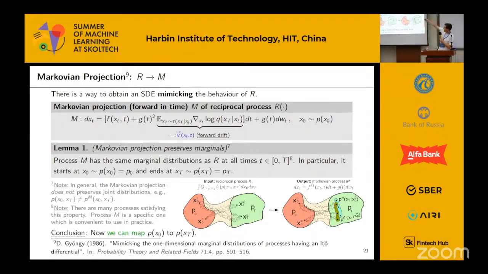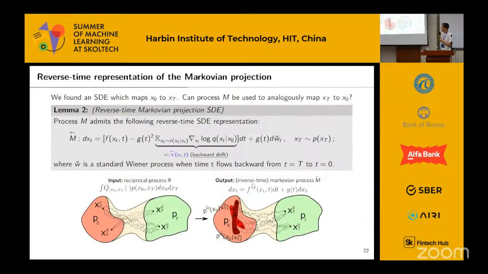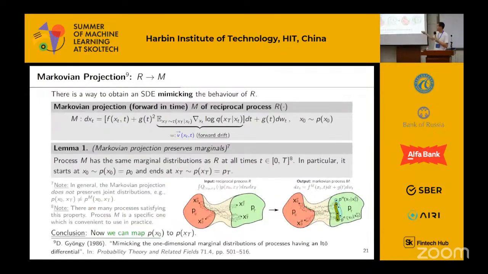We cannot directly use this stochastic process, this Markovian projection, for data transfer because it's unavailable, it's intractable. But one important aspect is that, just like in flow matching, this unknown drift can be recovered by solving a certain regression problem, which is a little bit more complex than in flow matching, but there is a completely analogous idea. We'll discuss it in two slides.